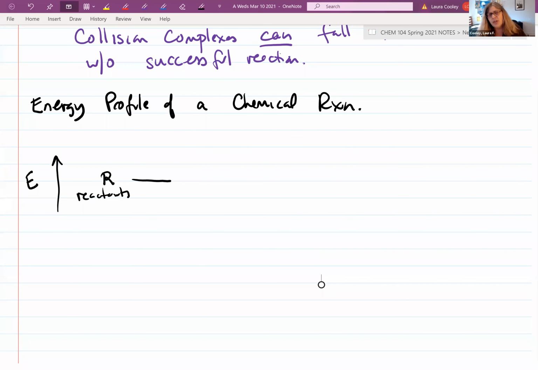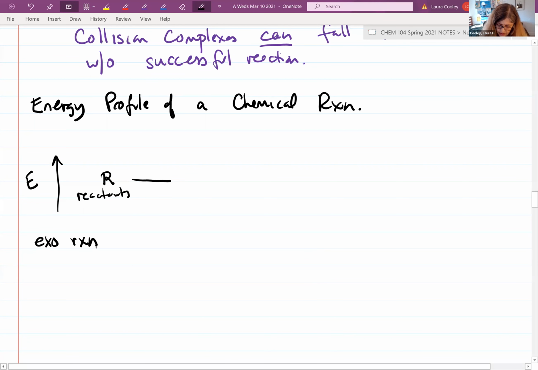If it's an exothermic reaction, will I draw my products up here or down here? What does exothermic mean? Is energy absorbed or released? Released. That's right. Energy is released. If energy is released, then the system ends up at a lower energy than where it started.